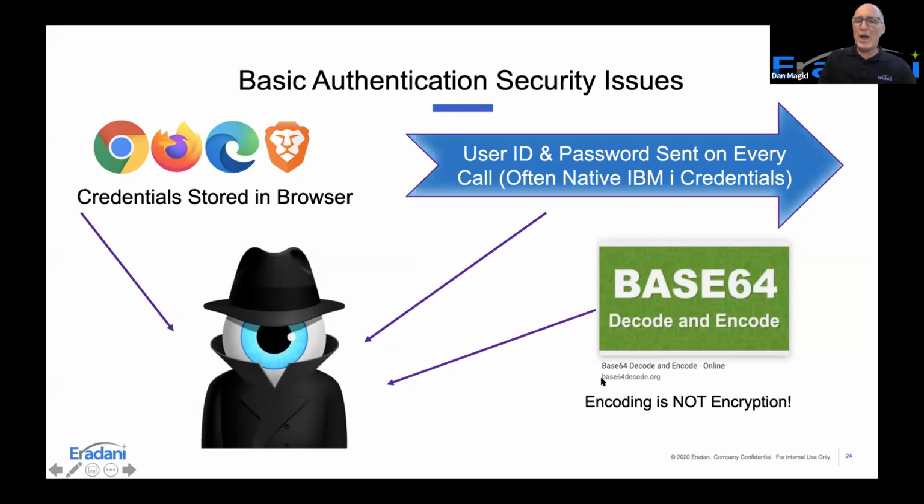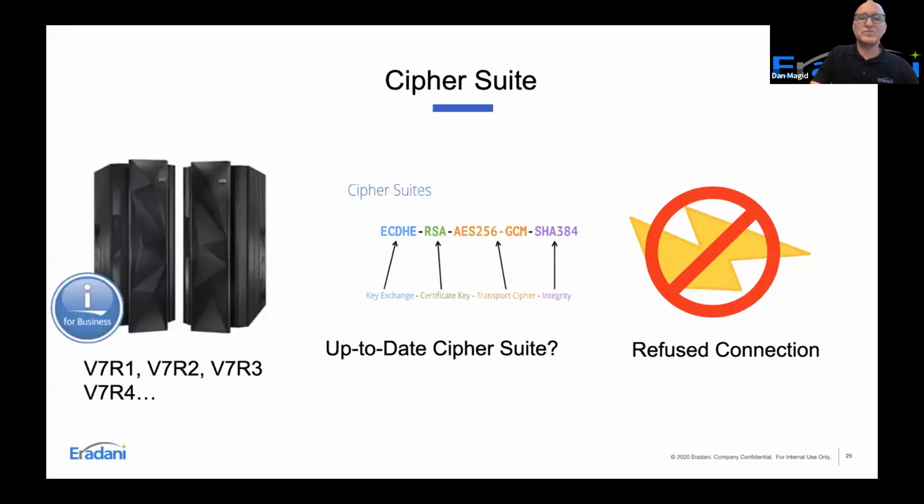There's a website called base64decode.org, where you can find out exactly how to decode base 64 encoding. So if you're sending stuff that's base 64 encoded, somebody can very, very easily decode what you've encoded. So these are some of the issues with basic authentication that I've run into with customers.